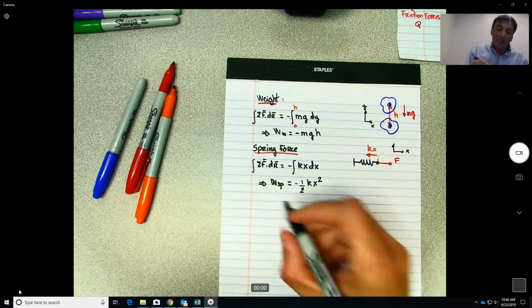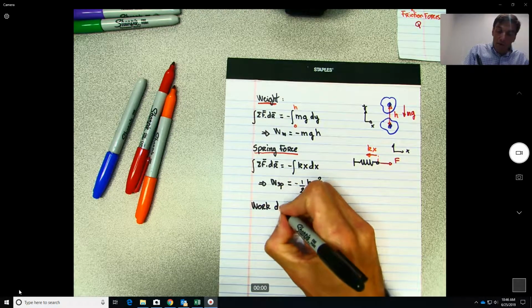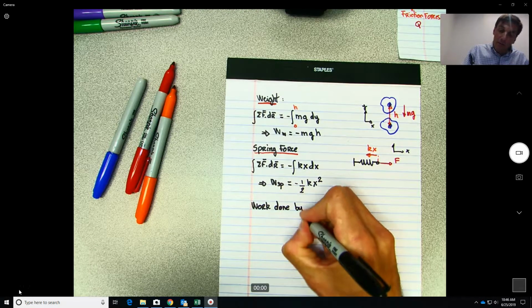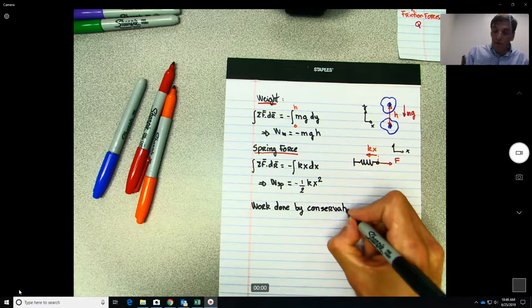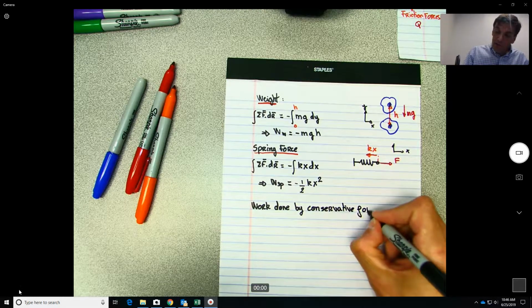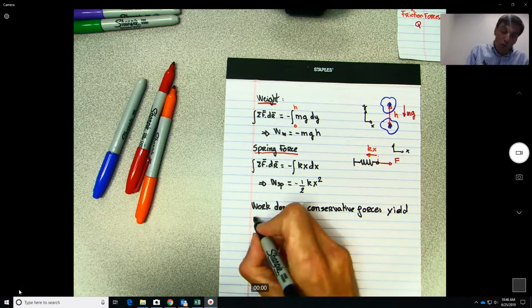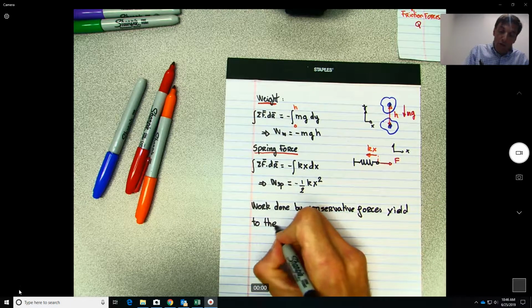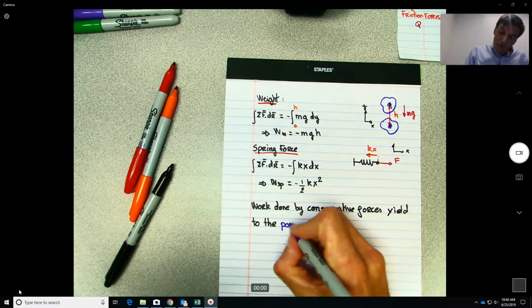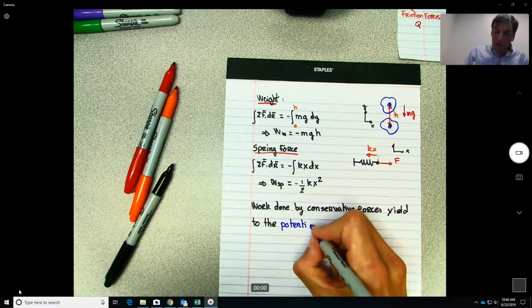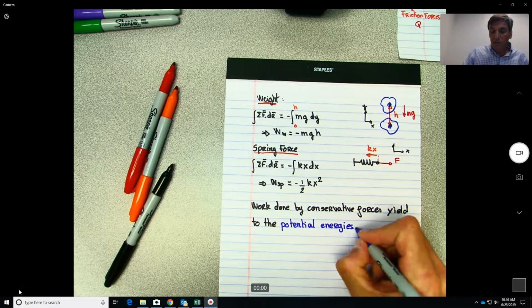So basically we can say that the work done by conservative forces yields the potential energies.